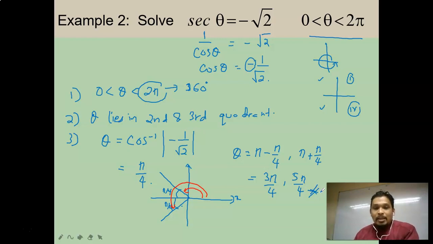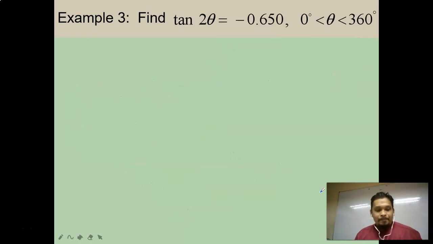Okay, next, find tangent of 2 theta equal to negative 0.650, where theta is 0 to 360 degree. So the first one in here, theta lies in between 0 up to 360 degree.